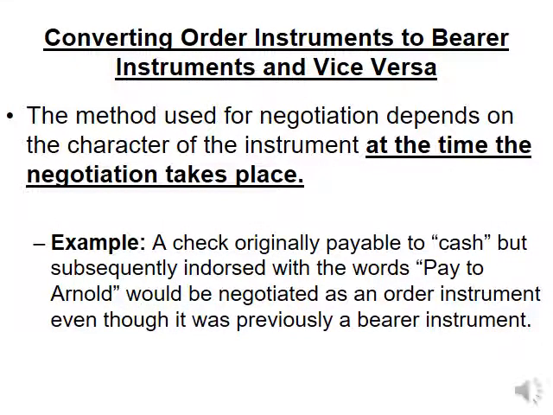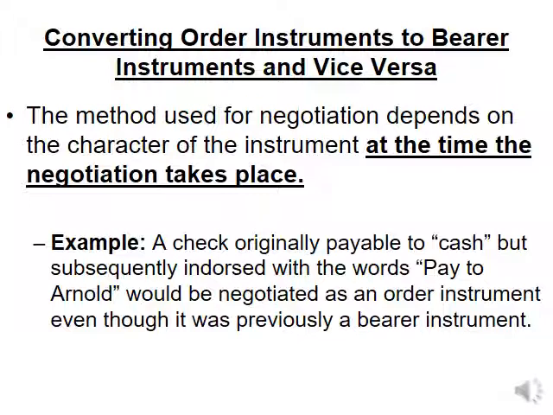So you can convert an instrument from order to bearer and vice versa with your endorsements. The method used for negotiation depends on the character of the instrument at the time the negotiation takes place. For example, a check originally made payable to cash would, based on the face of that instrument, be bearer.